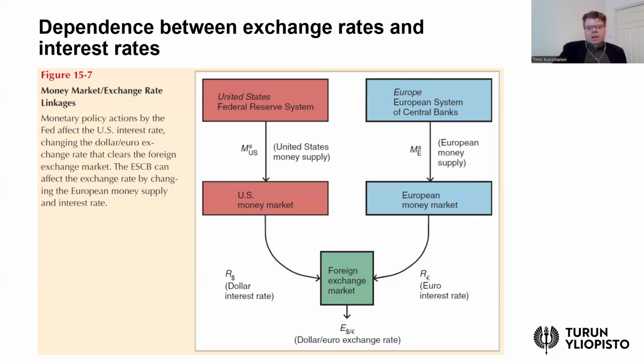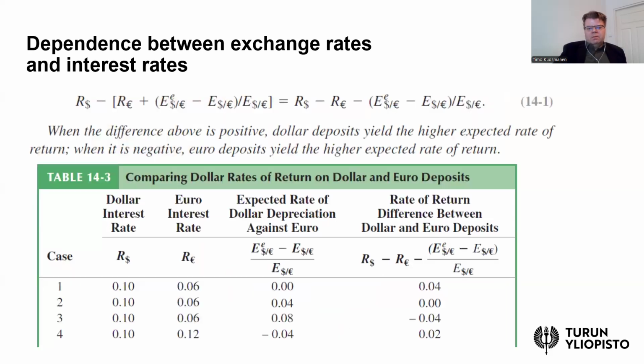So let's consider the situation from the investor perspective. As an investor, you can think about, for example, some investment fund or some kind of multinational corporation. The question is: should the investor hold US dollars or euros?